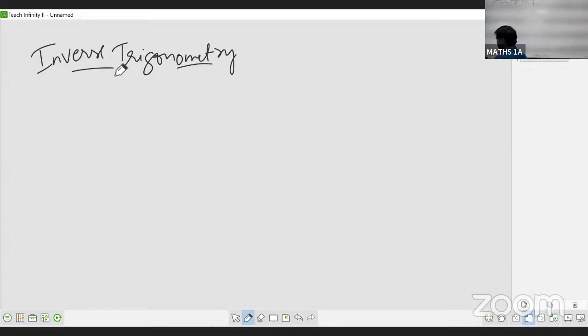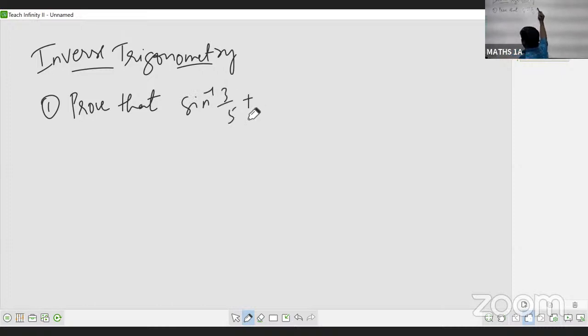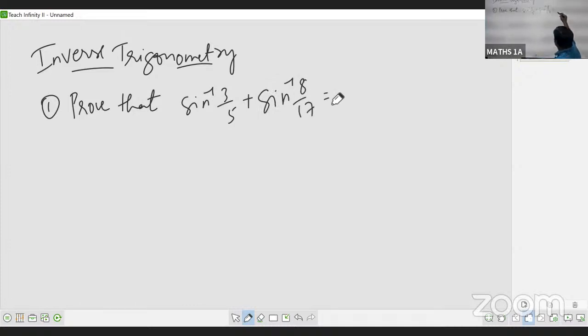Inverse trigonometry short answers. First one, prove that sine inverse of 3 by 5 plus sine inverse of 8 by 17 is equal to cos inverse of 36 by 85.